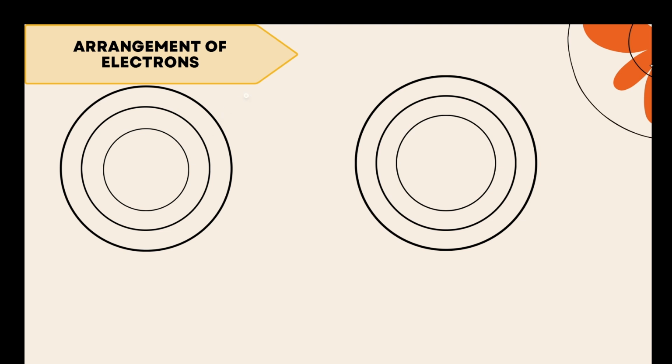Sodium we already saw. Its atomic number is 11 and its mass number is 23. The electronic configuration will be 2, 8, 1. First shell has 2 electrons, second shell 8 electrons, and the last shell will have 1 electron.